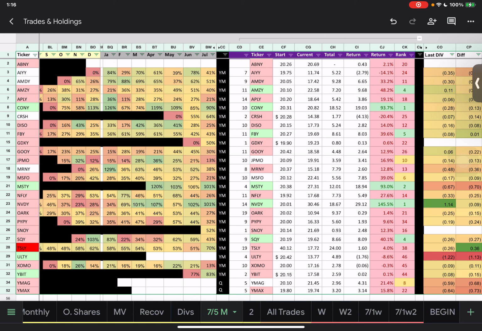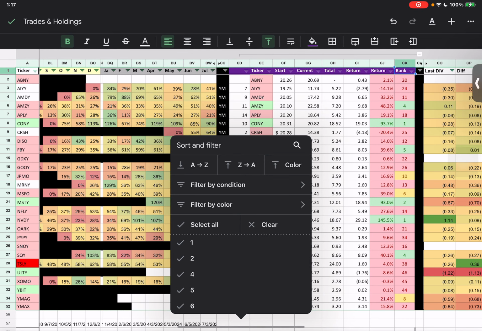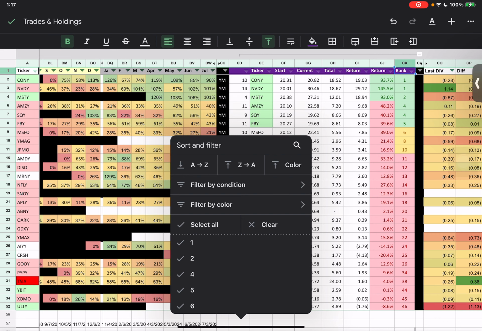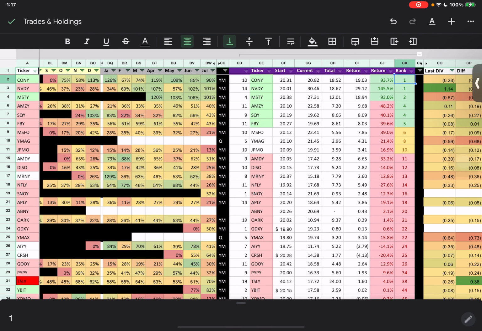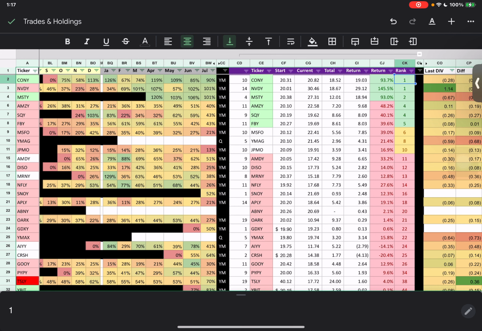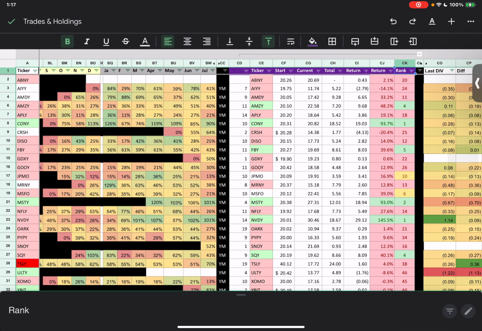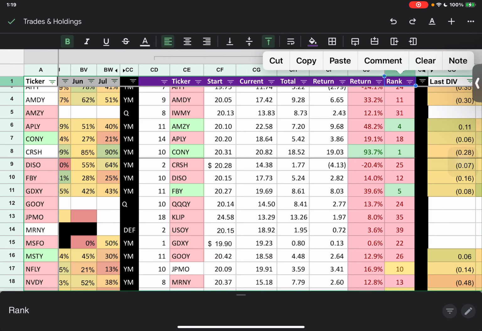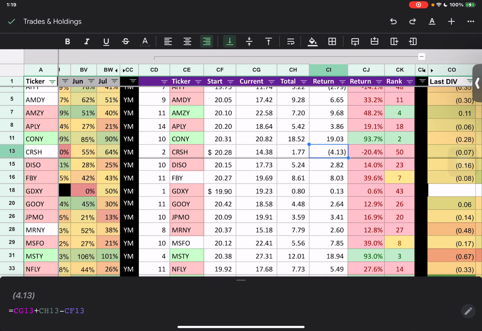There we go. So right now it's in alphabetical order, but let's sort this by ranking. And see, when I do that, the ranking's messed up. All right, so let me check the ranking for sure here. All right, I don't know what happened to the ranking, but now I've got it fixed.